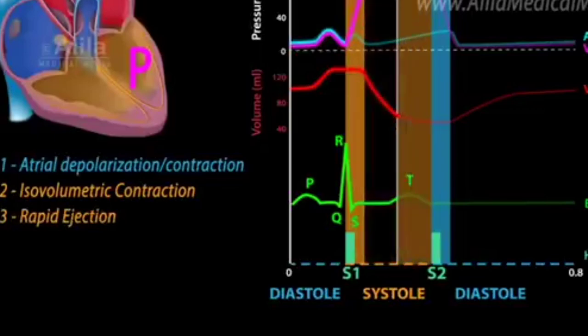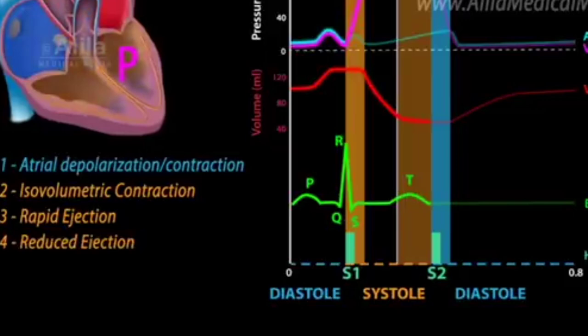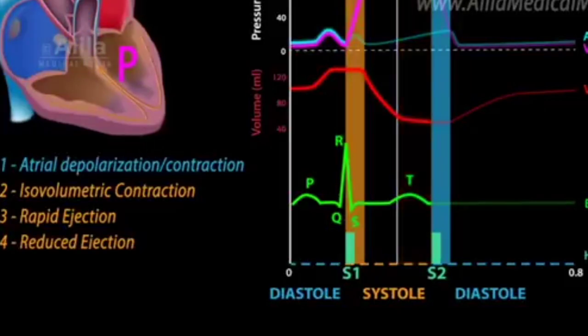As ventricular repolarization, reflected by the T wave, begins, ventricular pressure starts to fall, and the force of ejection is reduced. When ventricular pressures drop below aortic and pulmonary pressures, the semilunar valves close, marking the end of systole and beginning of diastole.